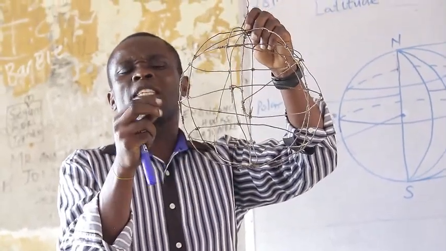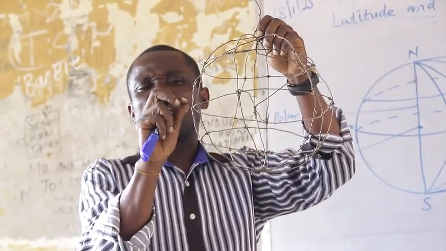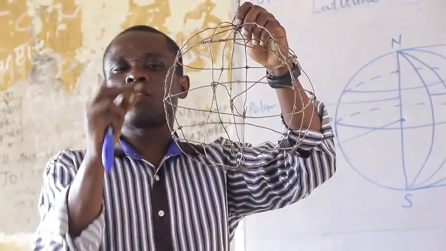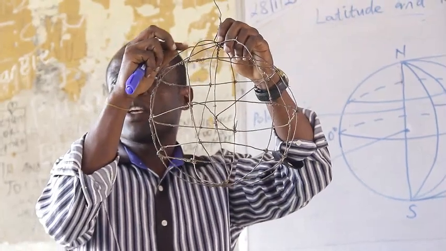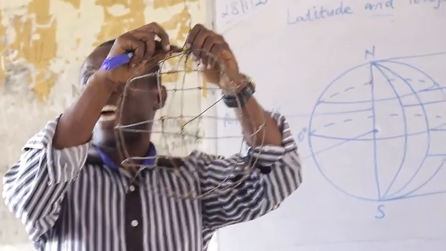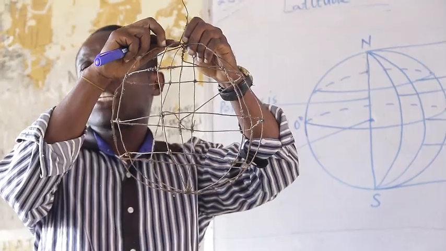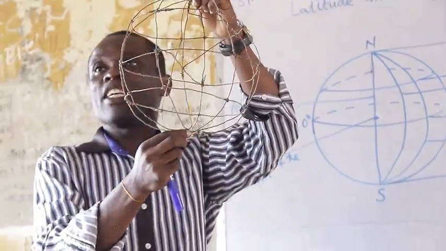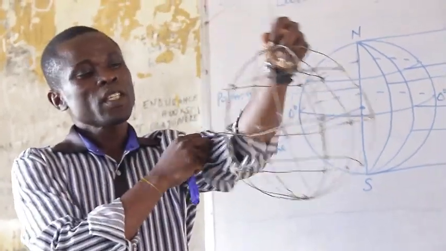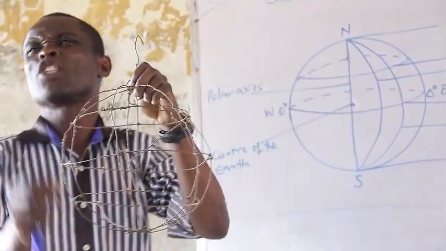When you have 0 here, and you want 20 degree north, it is somewhere here. 30 and so on, 40, 50, until you get to 90. 90 degree is the North Pole. 90 degree here is the South Pole.